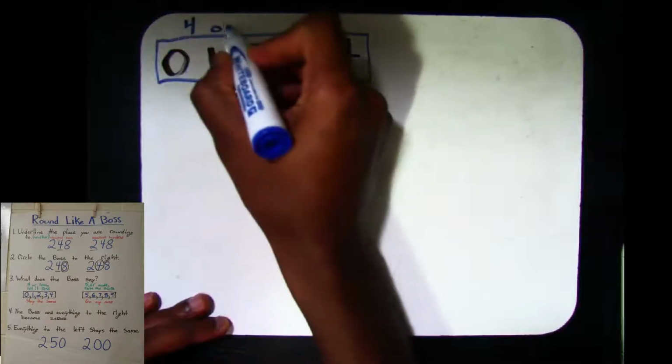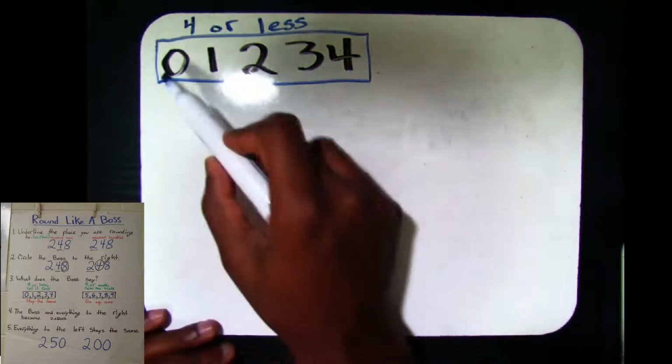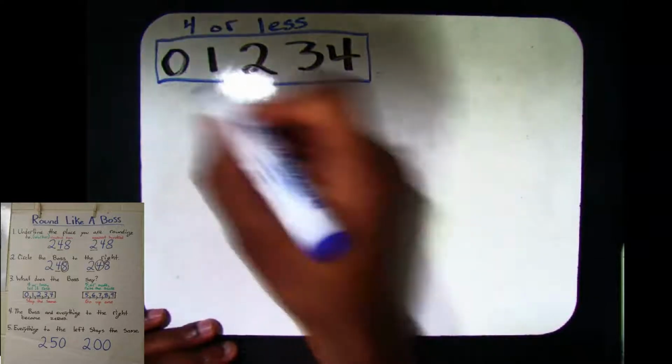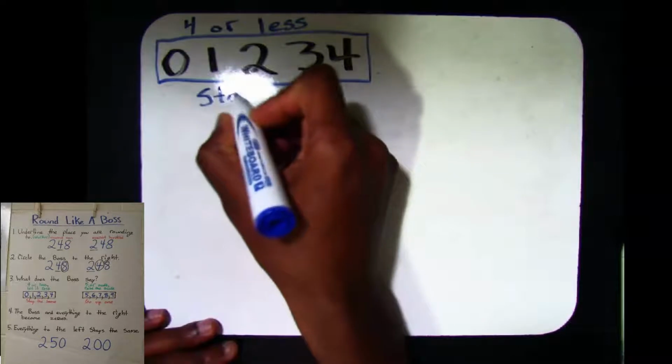So right here I'm just going to write 4 or less so we remember that. And whenever we get a boss, or circle a digit, that is a 0, 1, 2, 3, or 4, that digit is going to tell the other digit to stay the same.